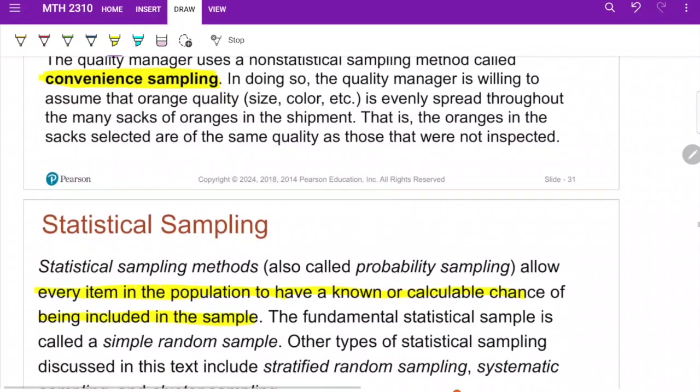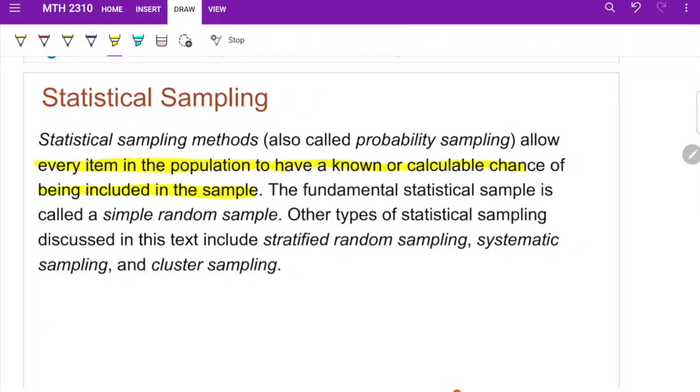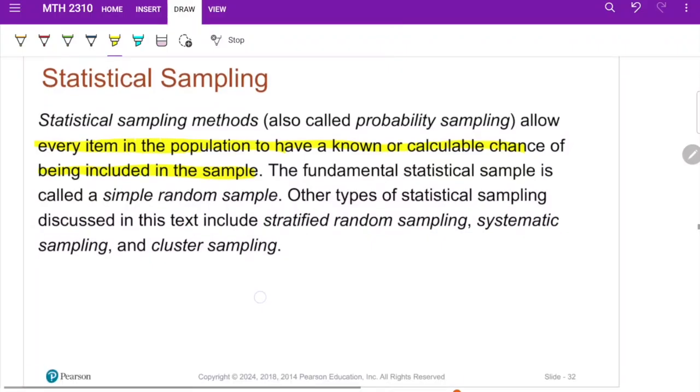So you don't give anyone in the population the same chance of being selected. But in the statistical sampling technique, you give everyone the same known chance of being included in that sample, right? And we have the simple random sample, stratified, systematic, cluster sampling, random samples. All of these are techniques we use to do statistical sampling.